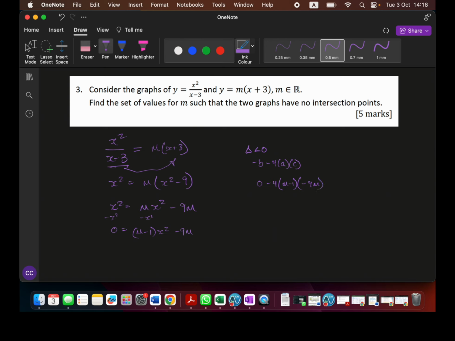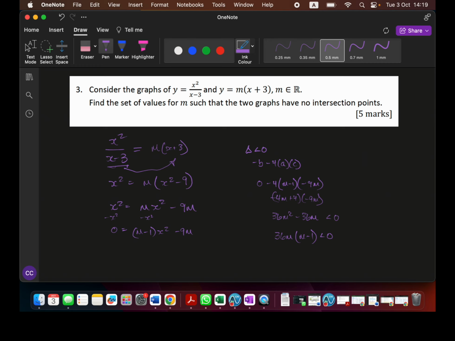Simplifying that, I would end up with negative 4m plus 4 times negative 9m, which would give me 36m squared minus 36m. Now I'm looking for when that is going to be less than 0. If I just do my factoring, I would end up with 36m times (m minus 1) is less than 0.